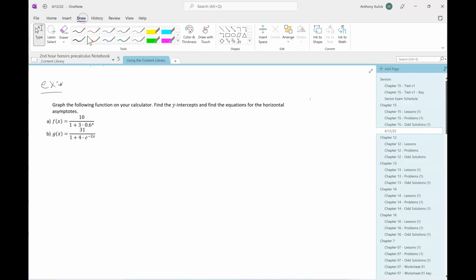Let's say we want to find the y-intercept and the horizontal asymptotes for these functions. So how do I find the y-intercept for something? What's the x value for a y-intercept? 0. So I just need to do f of 0, right?